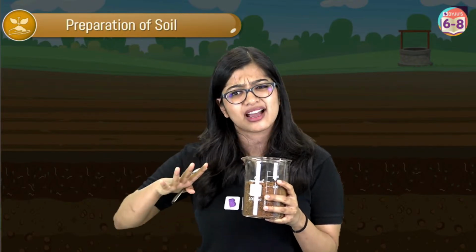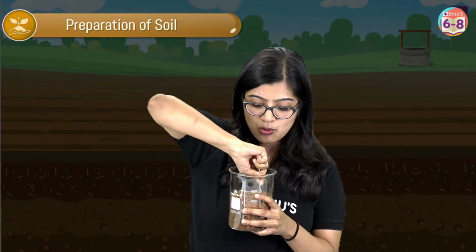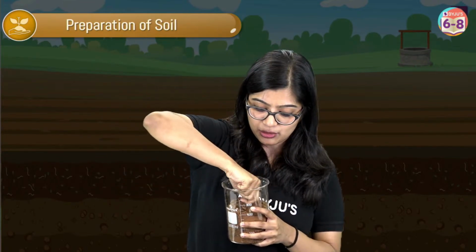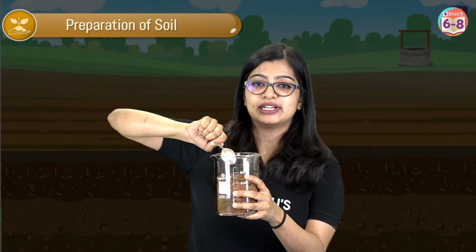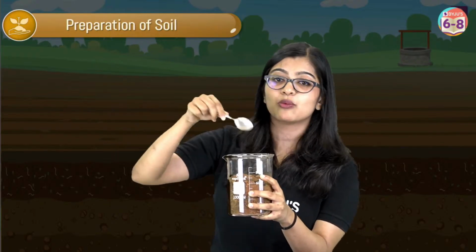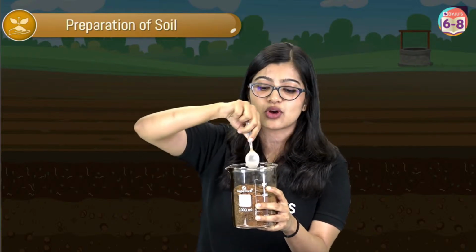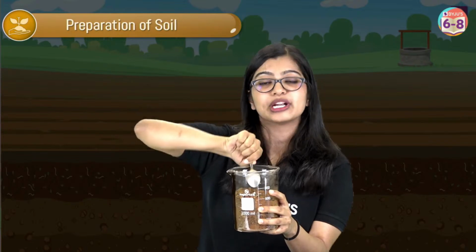Normally, even in the ground, the soil will be tightly packed, and there is a need to loosen this. So what do we mean by loosening? Say I have the spoon with me. What they do is they take the bottom layer and bring it up and loosen it. Then they bring it to the bottom again and loosen it like this. So effectively, it now becomes easy for me to take the spoon and do it.